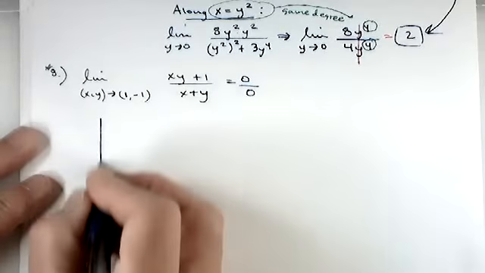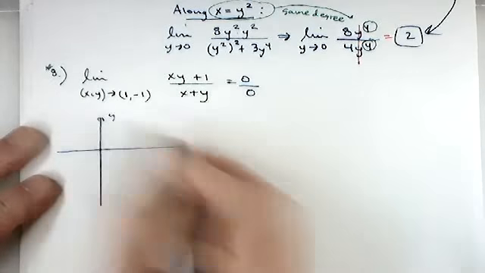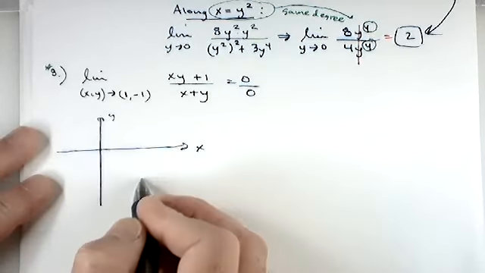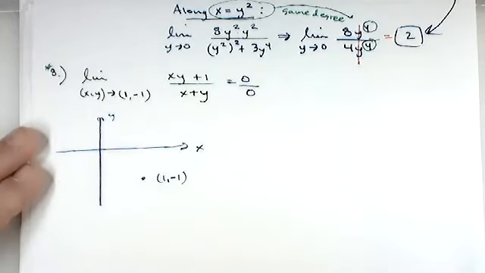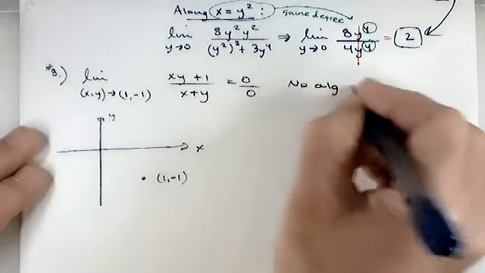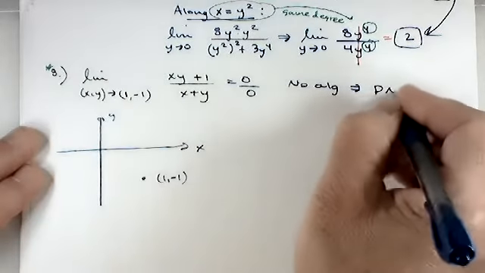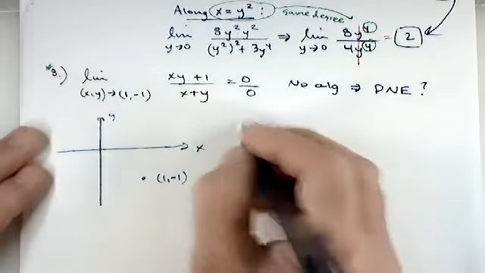Here now I have one where my limit is a point, 1, -1. It's like right here. And again, because there's no algebra I can be done, right? No algebra. So we're going to conclude that the limit does not exist, most likely. But now we have to prove it. But what paths can I choose?